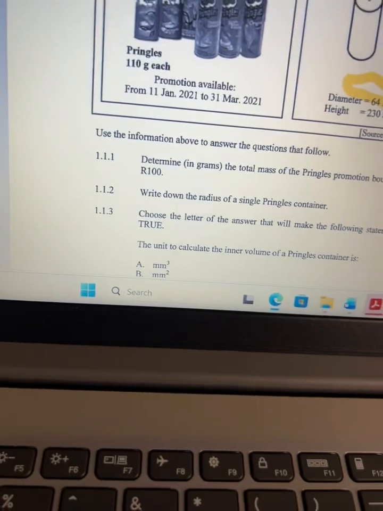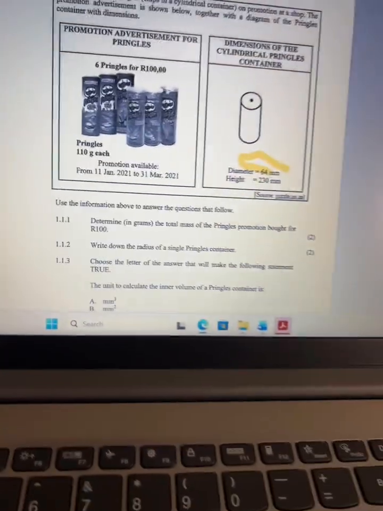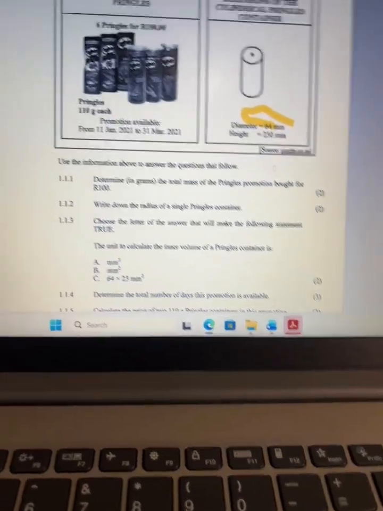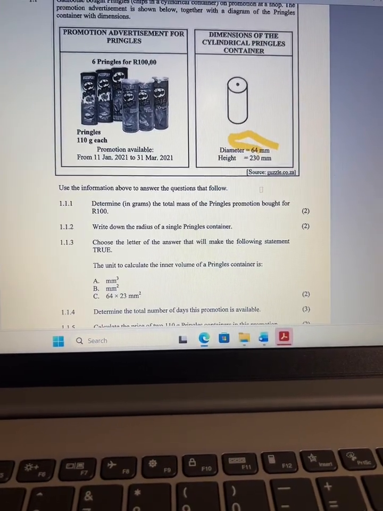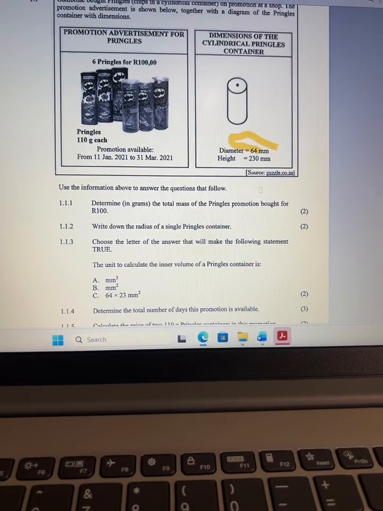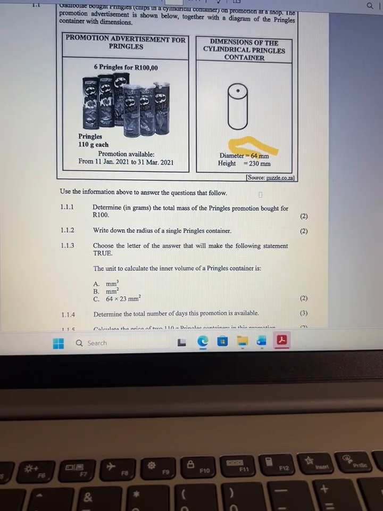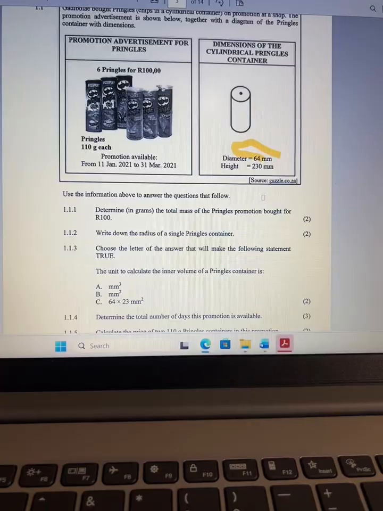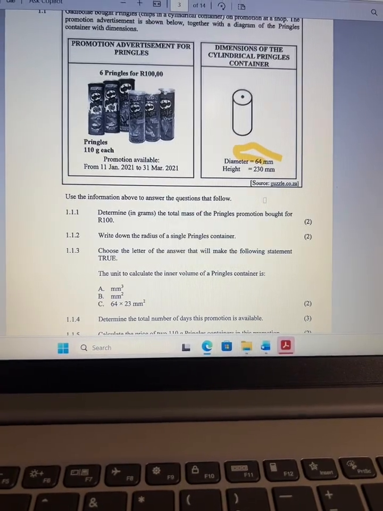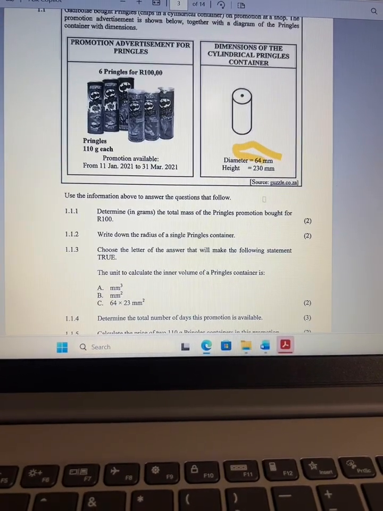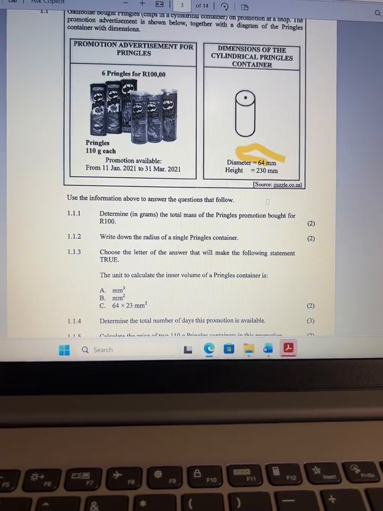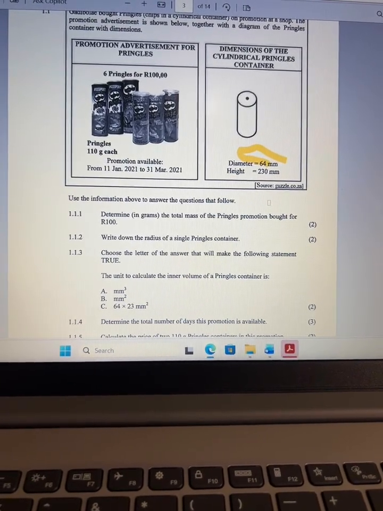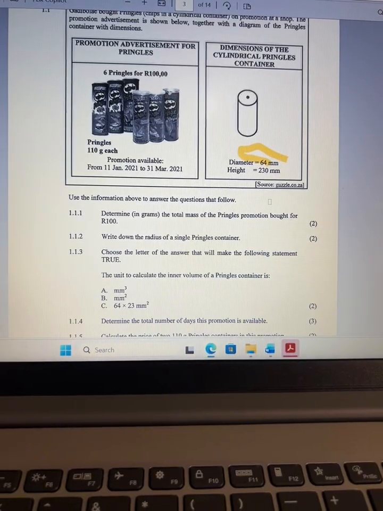And then let's go to 1.1.3. They said choose the letter of the answer that will make the following statement true. The unit to be used to calculate the inner volume of the Pringle container is: millimeter cube, millimeter squared, or 64 multiplied by 23 millimeter squared.